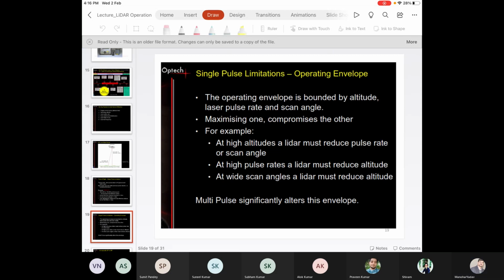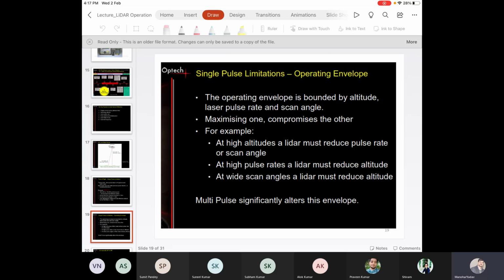Okay. So this operating envelope overall is bounded by altitude, laser pulse rate, and scan angle. So if you want to maximize one, you need to compromise on the other. So there is a trade-off. As we have already seen, this pulse firing rate is inversely proportional to the altitude.